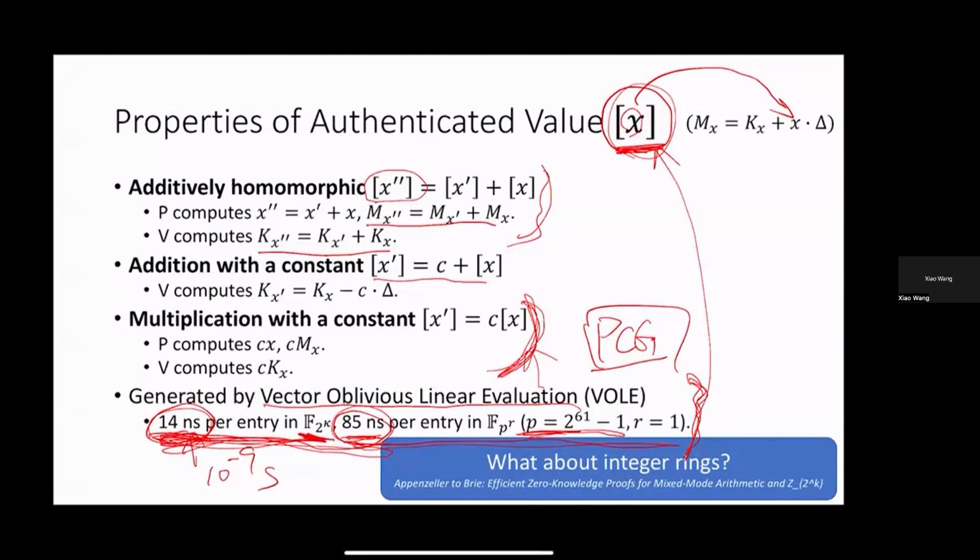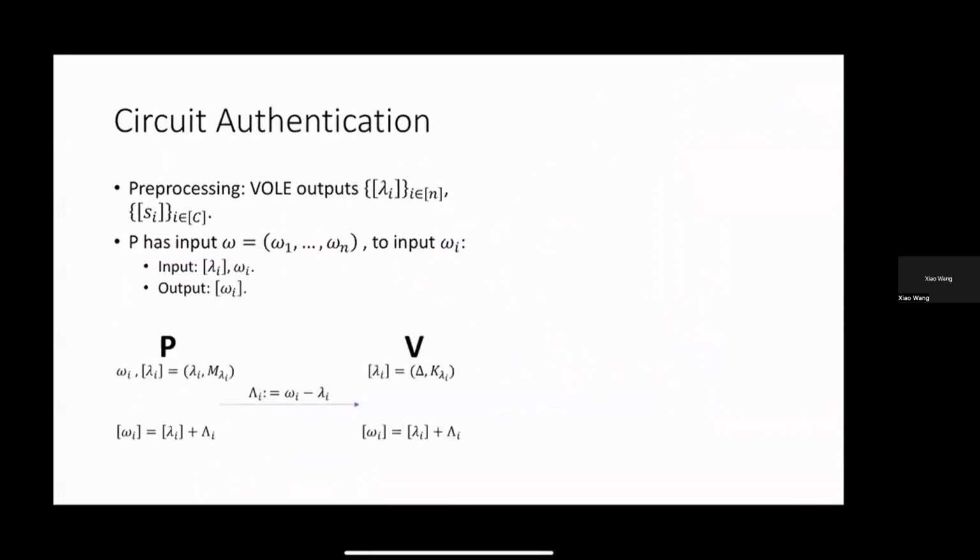You can also generate this type of vector OLE for integer rings, like integers modulo 2 to the k, for example. There are actually two papers on this line of work now. One is this work, and there's another work recently published this year at Crypto.